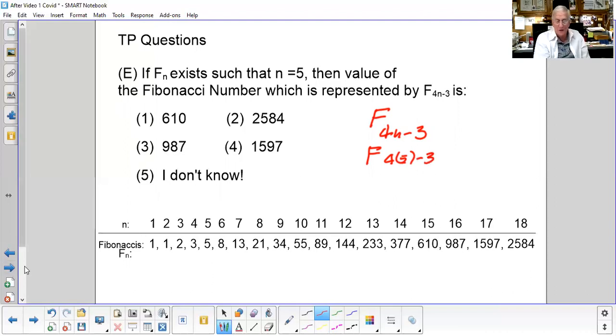Well, your order of operations tells you to multiply the 4 and 5 first, which is 20, and 20 minus 3 is 17. So the number we're looking for is f sub 17, which is 1597, which of course is choice number 4.